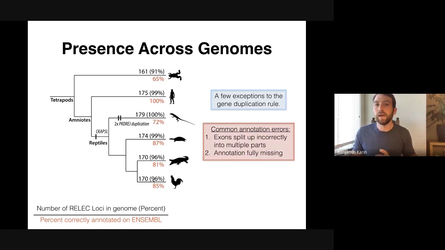This is probably because these genes are so rapidly evolving compared to other genes that these annotation pipelines might not work so well for them, similar to how BLAST searches don't perform perfectly. So it wasn't quite as easy as you might expect to pull all these genes together, but we managed to do it.